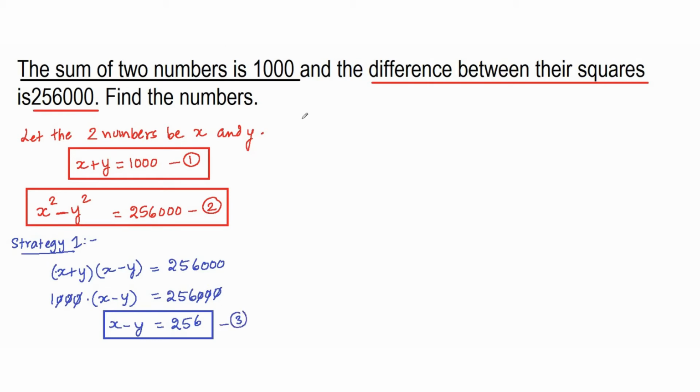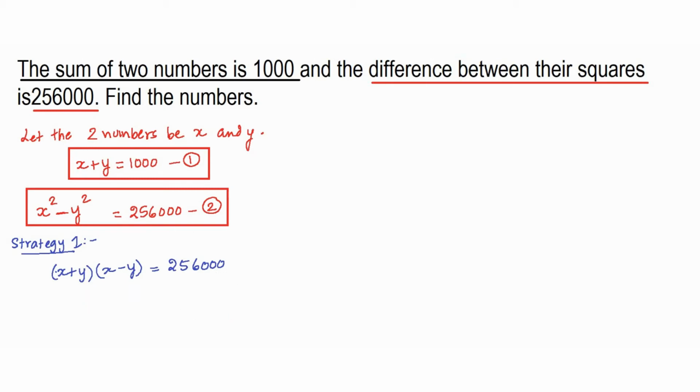Or if I were to write it and show it to you, let me write it again. Okay, so let me rewrite it. So I have 1000 into x minus y. Let me write that part also again. So x plus y is 1000 according to the first equation.